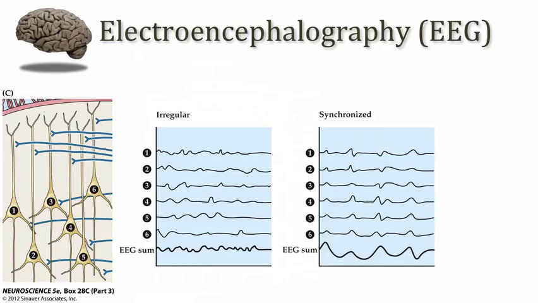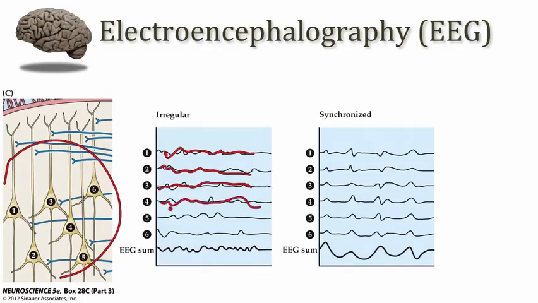So here, for example, we see a cluster of neurons receiving inputs, and when these inputs are firing in a regular fashion, we find that each one neuron might be generating electrical signals that, when attenuated in time, have the form of these various waves.